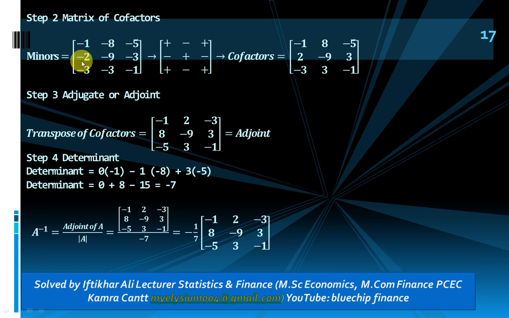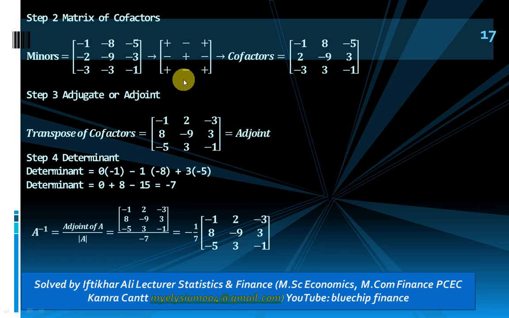After that minus 2 and minus will be plus 2. Minus 9 and plus will be minus 9. Minus 3 and minus will be plus 3. Minus 3 and minus will be plus 3. Similarly minus 3 and plus will be minus 3. Minus 3 and minus will be plus 3, and minus 1 and plus will be minus 1. So this is the second step, which is called taking cofactors.